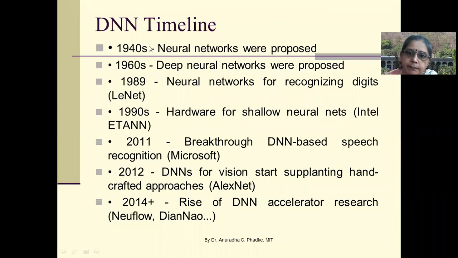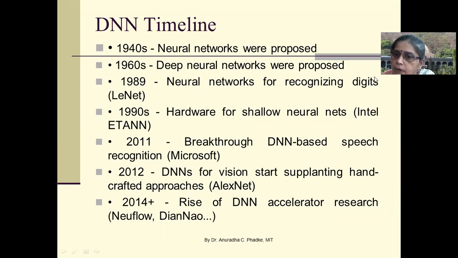So this is about the timeline from general neural networks to deep neural networks. Your basic neural network approach was proposed in the 1940s. Then in the 1960s, the number of layers in the neural network was increased and the concept of deep neural network was introduced. Then in 1989, the very first deep neural network architecture was available.